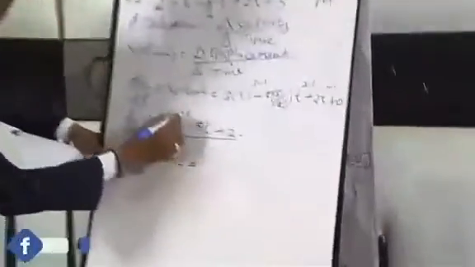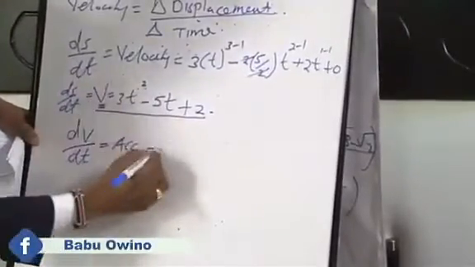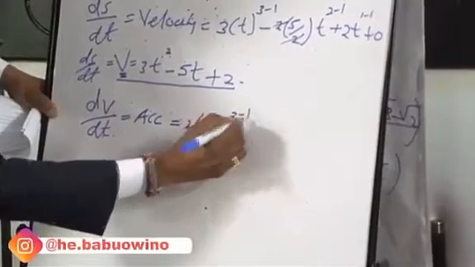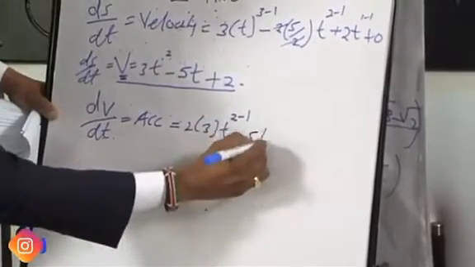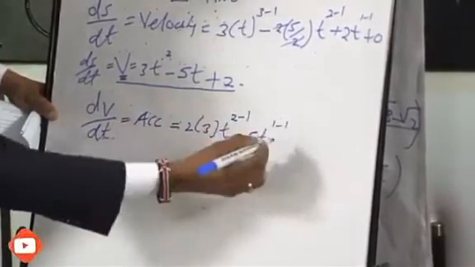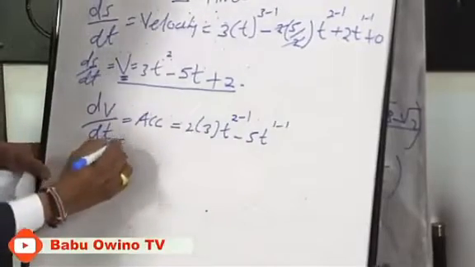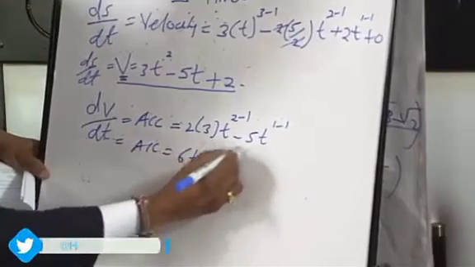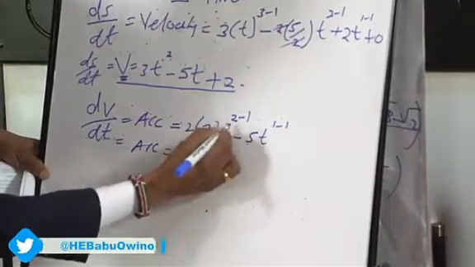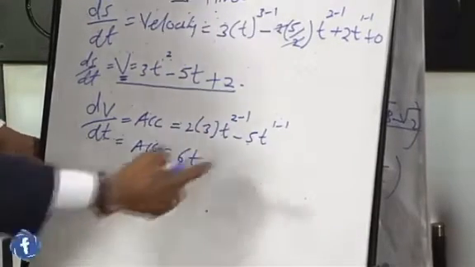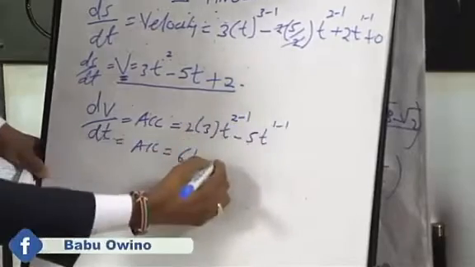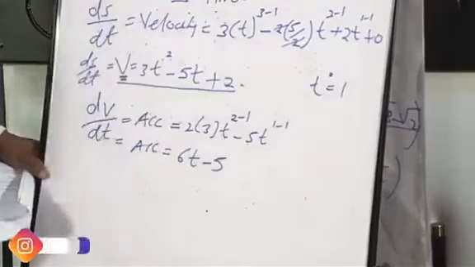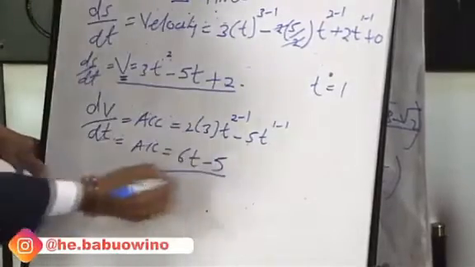You bring 2 down, multiply by 3, then t to the power 2 minus 1, minus 5 into t to the power 1 minus 1, which is 0. So our acceleration equals 6t minus 5, because t raised to power 0 is 1. So this is our acceleration.